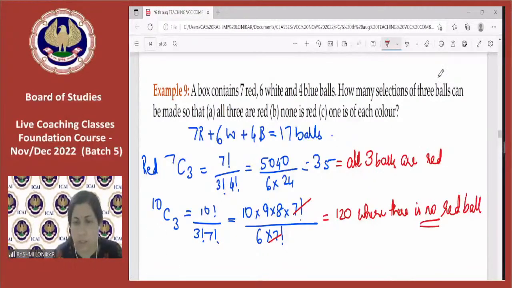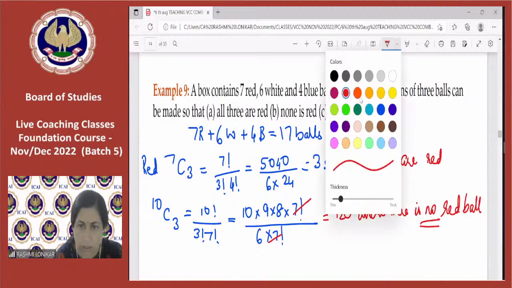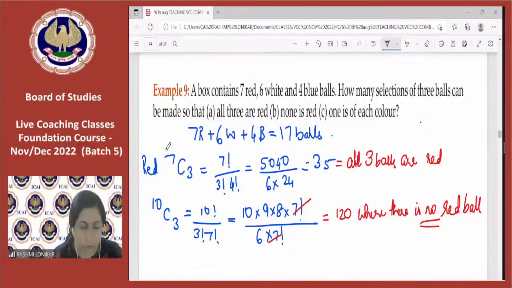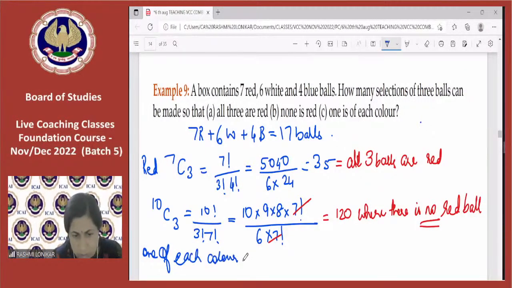Third option is what? Third subpart of the question is what? One of each color. So out of 7, one of each color is equal to 7C1 for 1 red.